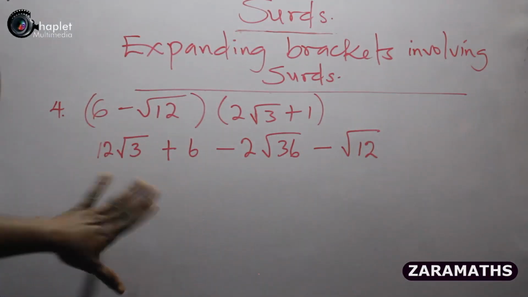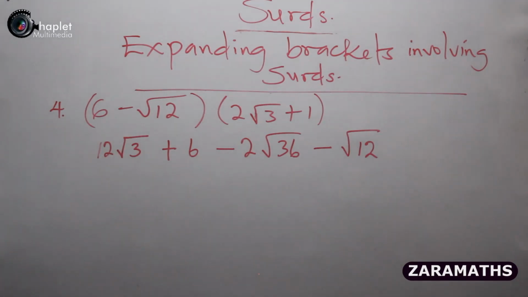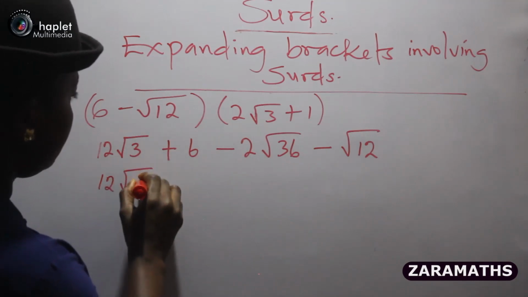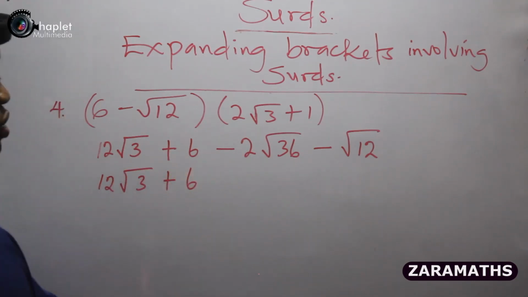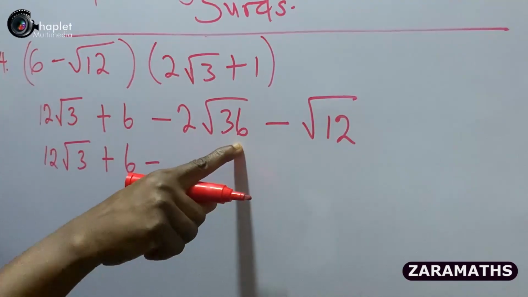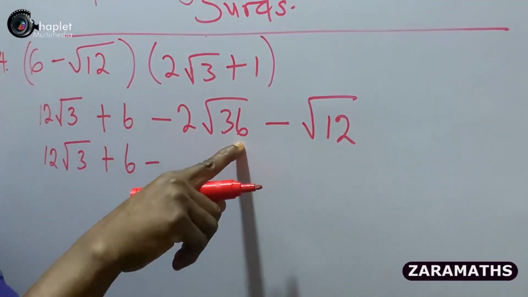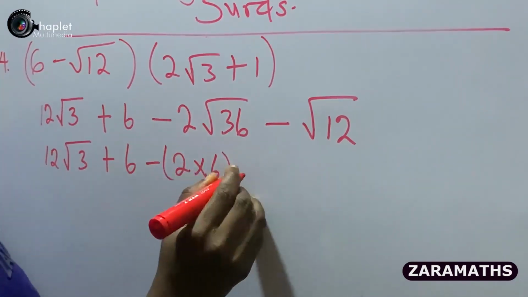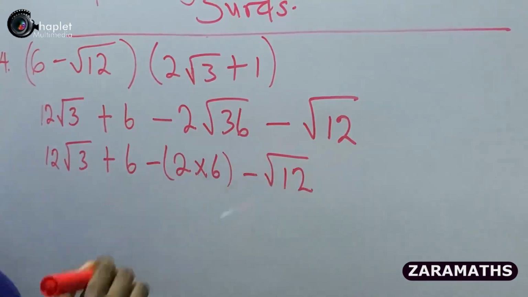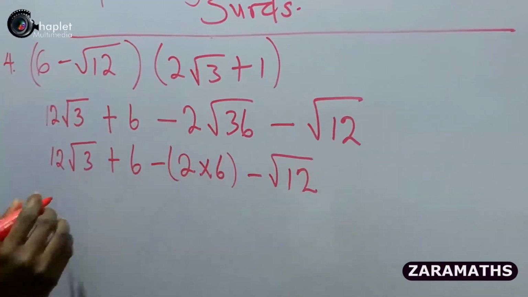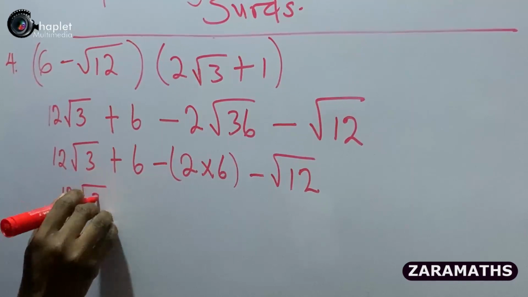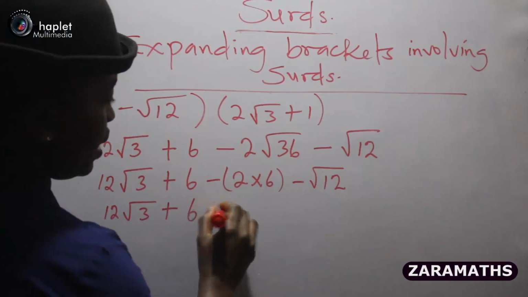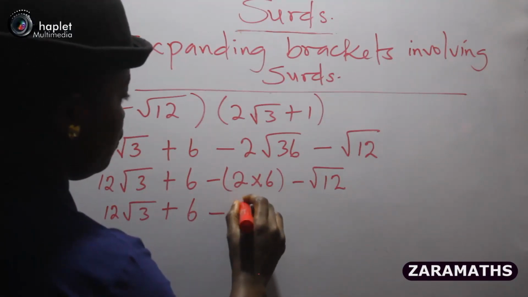So in this case now, we're going to simplify further. 12 root 3 plus 6 minus 2 root 36, the square root of 36 is 6. So this becomes 2 times 6 minus root 12. So here we have 12 root 3 plus 6 minus 2 times 6 is 12.